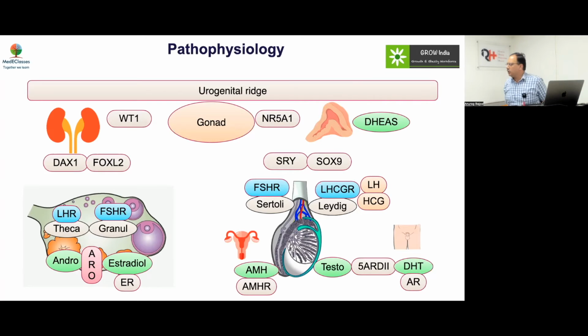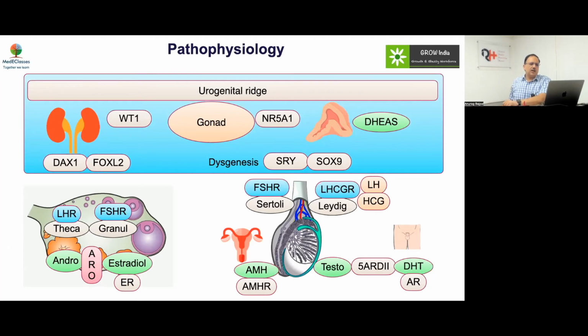Estradiol will act on the estrogen receptor to have an effect in terms of development of the Mullerian structures. So if you think of it, you have this bipotential gonad, which is then developing into testes or ovaries, producing the various hormones, acting on the receptors to cause these effects.